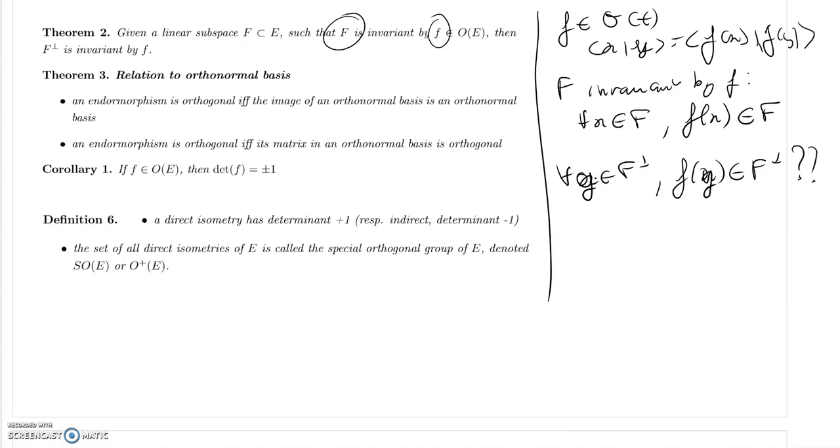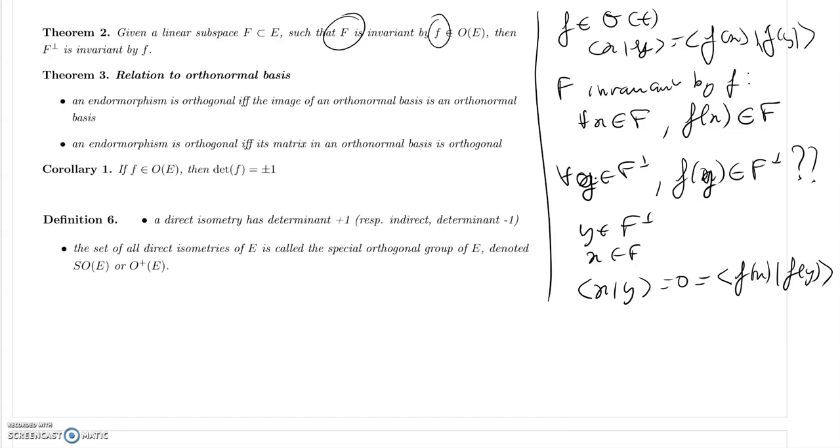Very simply, let's write that y belongs to F orthogonal and x belongs to F. What does it mean? It means that ⟨x, y⟩ is equal to 0. But as f is a linear isometry, the scalar product ⟨x, y⟩ is also equal to ⟨f(x), f(y)⟩, and it's equal to 0.